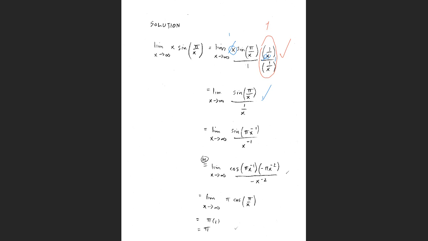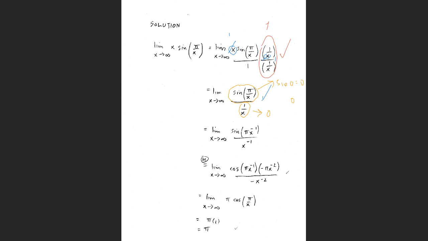So now let's take a look at this. As x goes to infinity, what does 1 over x approach? 1 over x is going to go to 0. And the sine of pi over x is going to go to the sine of 0, which is 0.